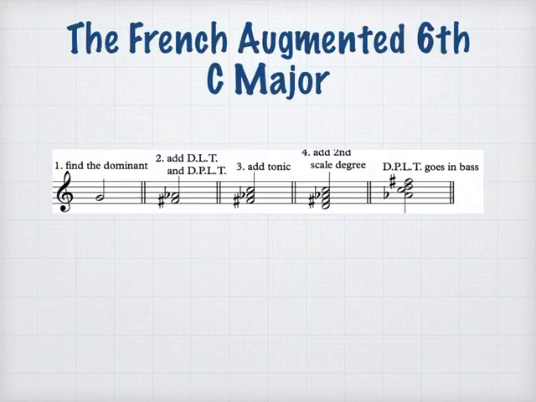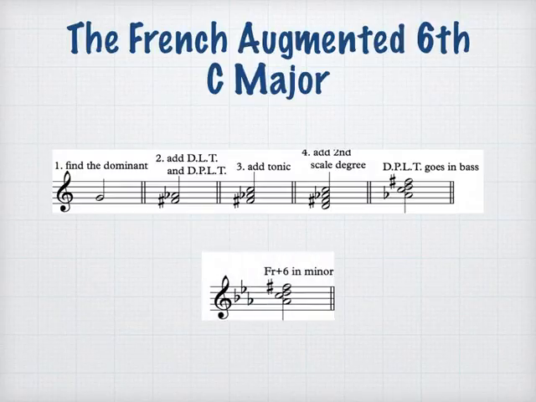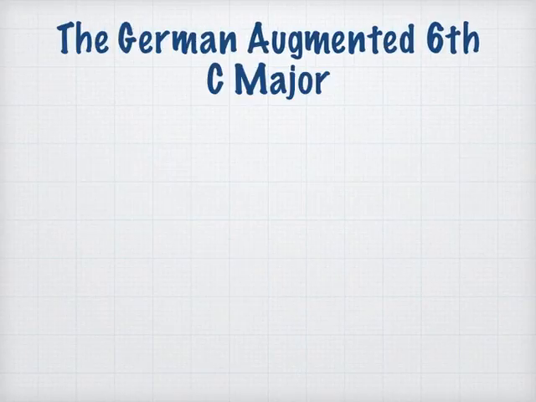So write the A flat in the bass when you start to part write. And this is how it looks in C minor. Notice that there's only one accidental, the sharp 4. Everything else is already in the minor key.